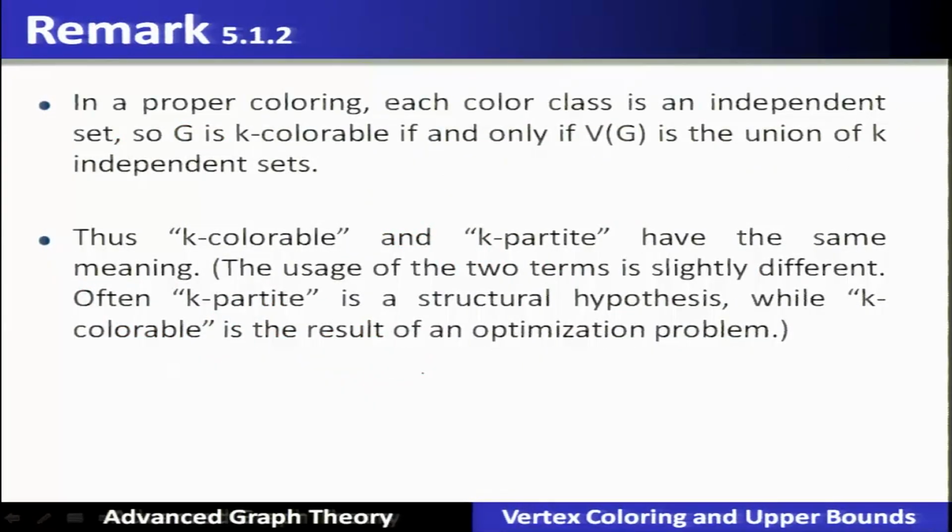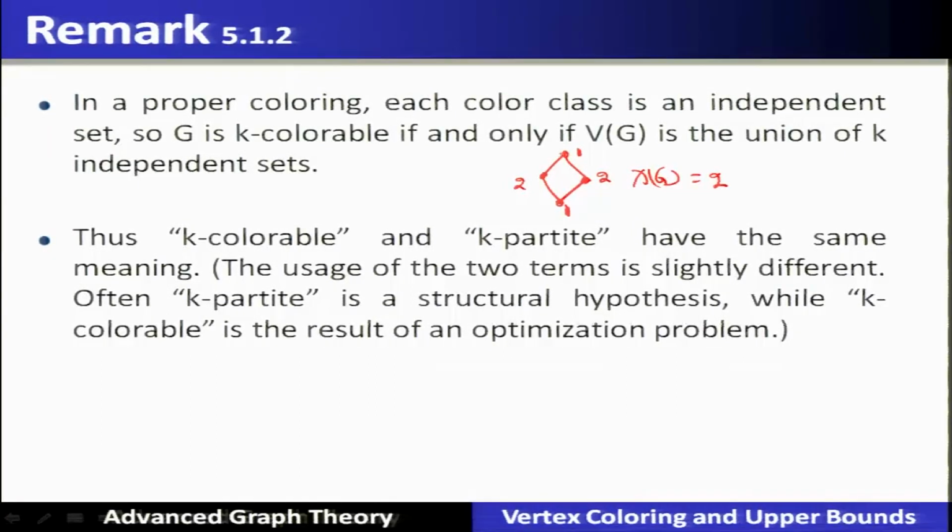In a proper coloring, each color class is an independent set. A graph is k colorable if and only if the vertices of G are the union of k independent sets. Take the same graph which we have taken up. It is a 2 colorable graph, so the chromatic number of this particular graph is 2. This is color 1, these adjacent vertices will receive the second color, and this again receives color 1.